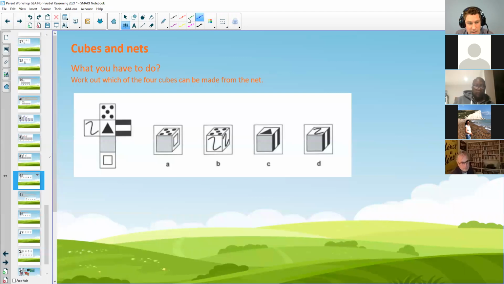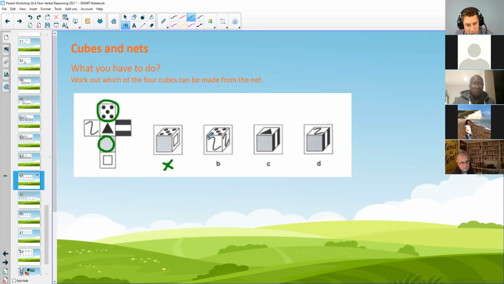So I'm just going to represent this with a few different colors here. These 5 dots on this top face would not touch the grey face. So I can rule out A. The other thing to consider is shapes that don't even appear on the net that are used.